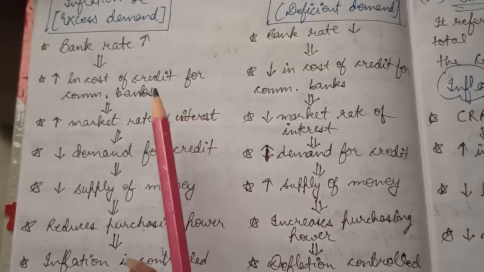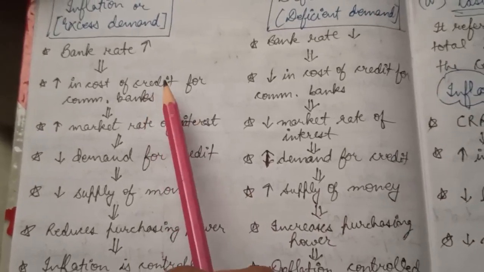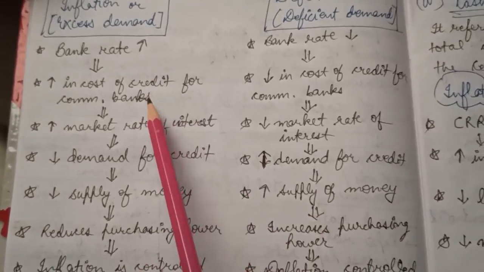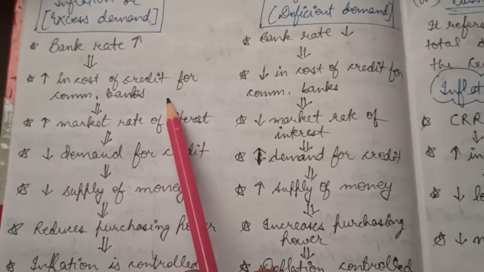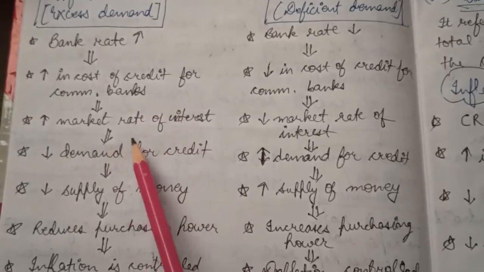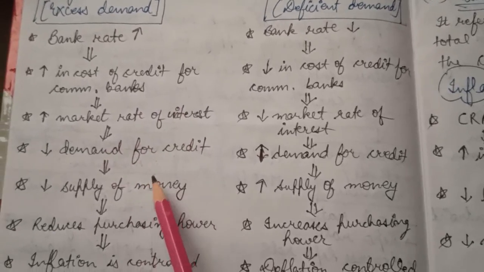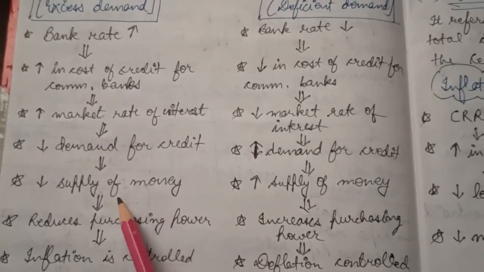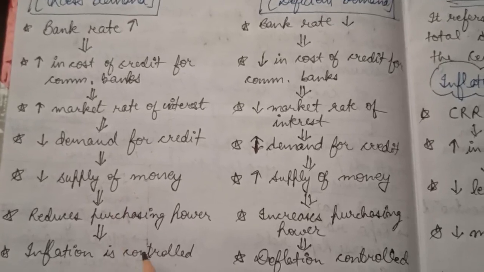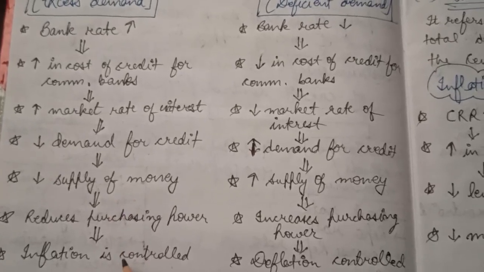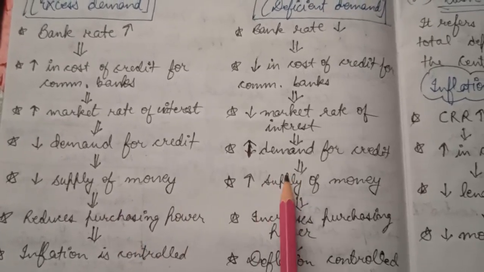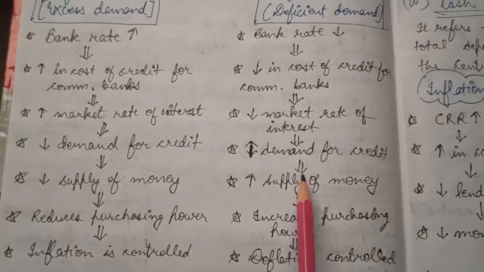So in case of inflation, the repo rate will also increase, and further there will be an increase in the cost of credit, and then the market rate of interest will also increase, then demand for credit will decrease, then supply of money will also decrease, and further the situation of inflation will be controlled, and reverse in the case of deficient demand or deflation.